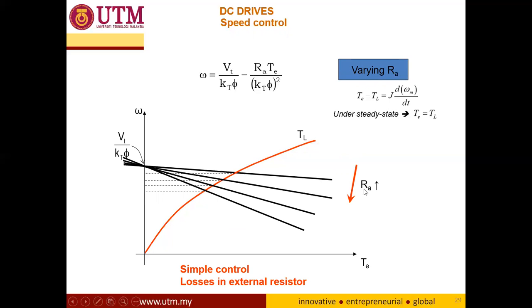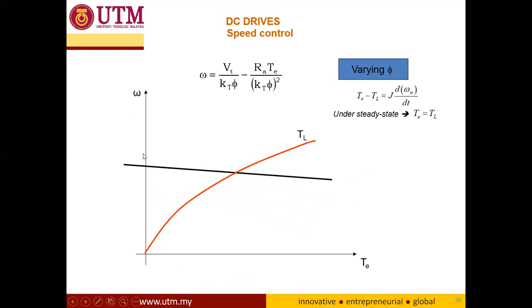If your resistor is increased, the difference between no load and full load will be very big. For example, if you increase further, your no load and full load speed difference is big here. So it is a simple control because you are just varying the RA, but you have losses, and at the same time the difference between no load speed and full load speed is very big.